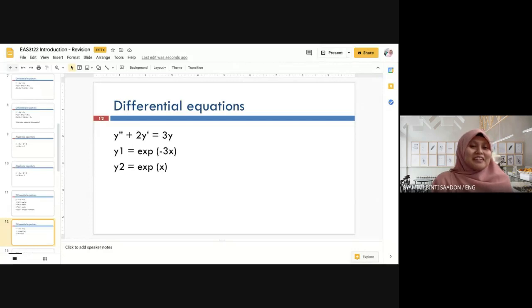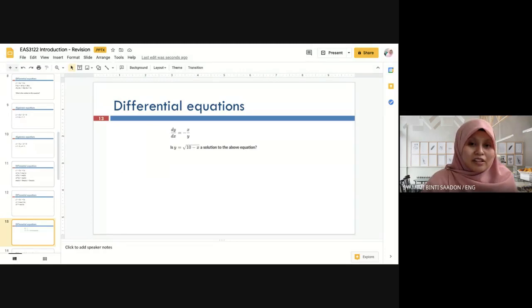Go back through your engineering maths course and do some revision for differential equations, because in this numerical analysis we will do partial differential equations. We will try to solve partial differential equations and a bit of calculus. Okay, so this is another one.